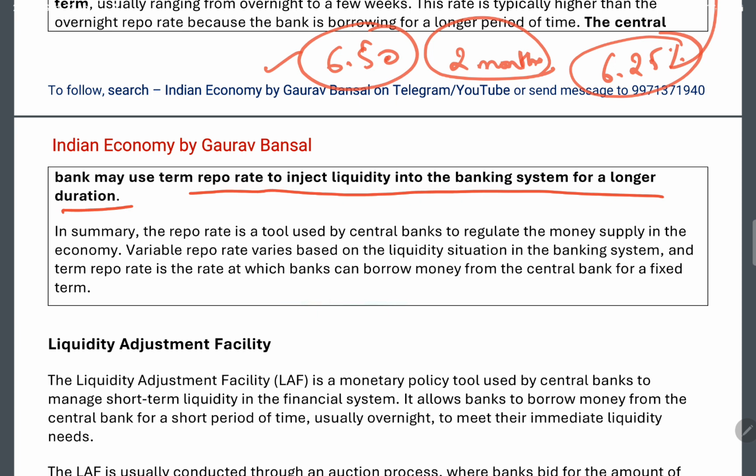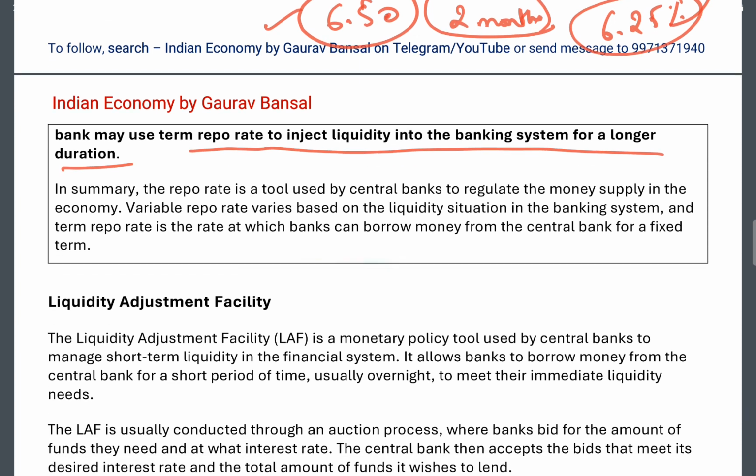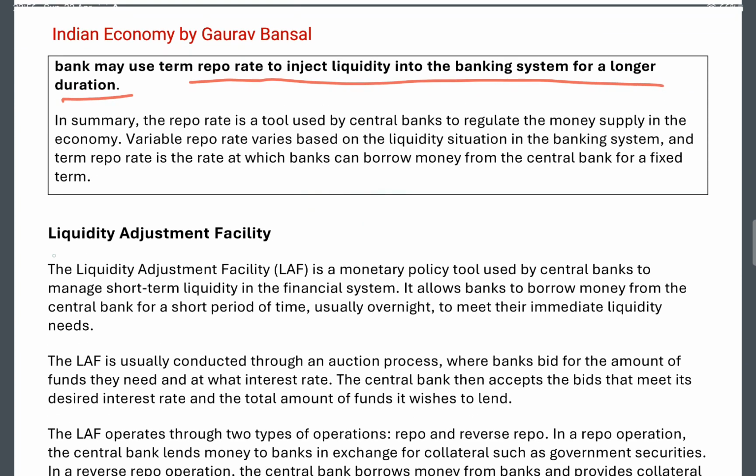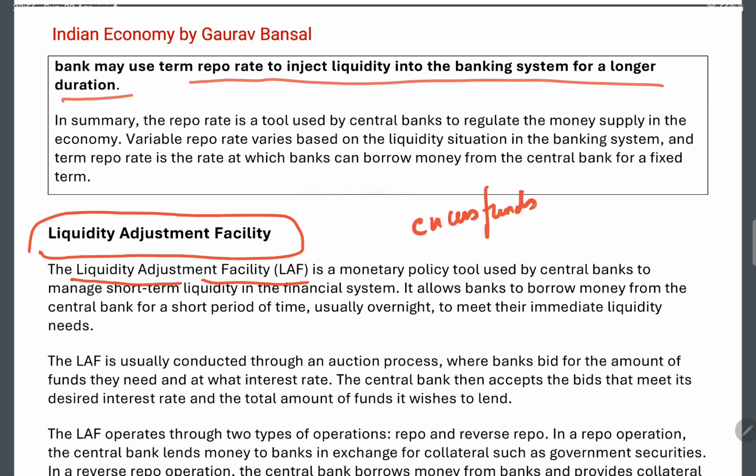So this is all about the various terms related to RBI, and I've already discussed why it is called liquidity adjustment facility, because in this case liquidity is adjusted for a short period. What is liquidity? Liquidity is simply the excess funds in the financial system.